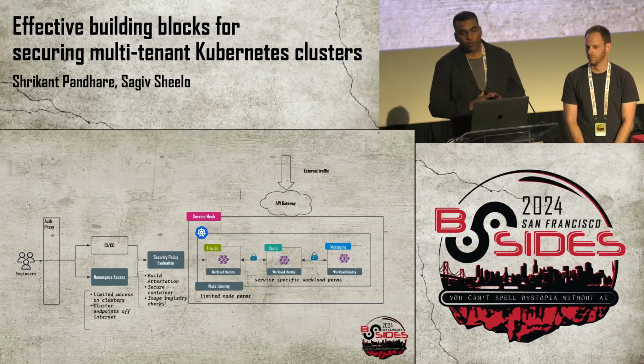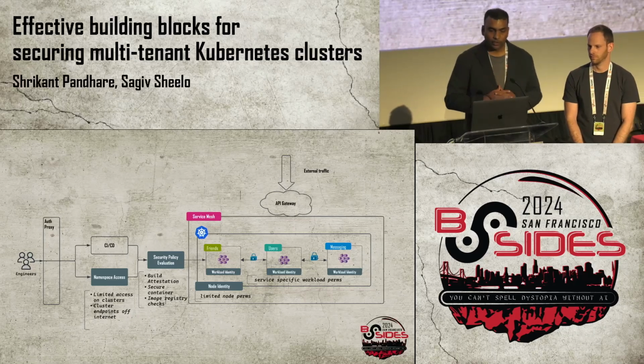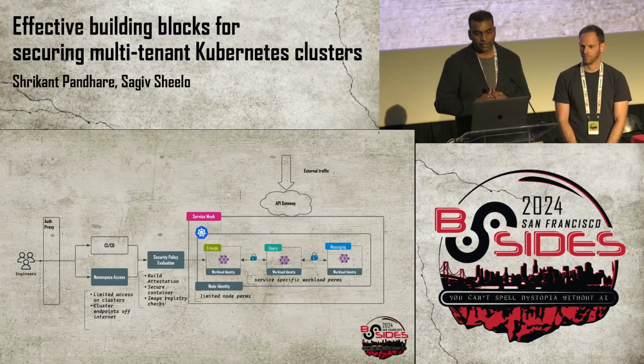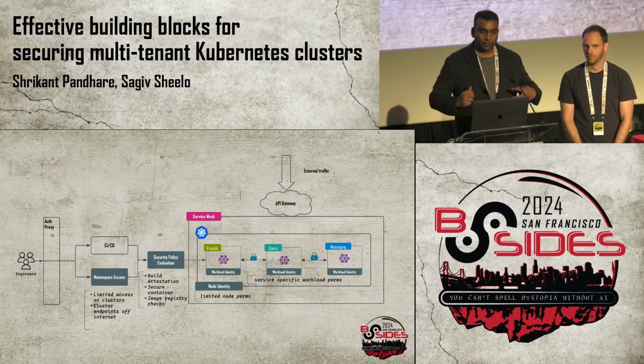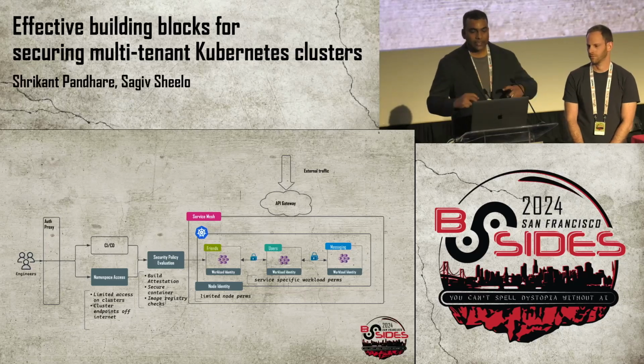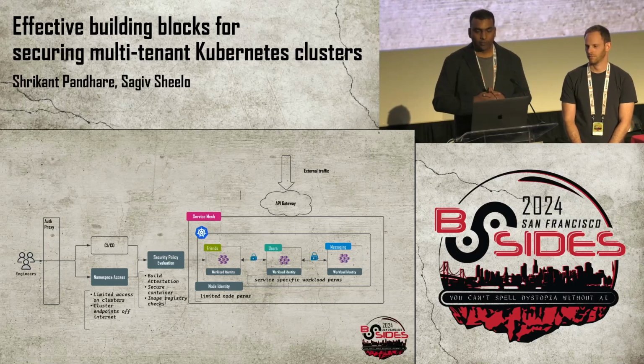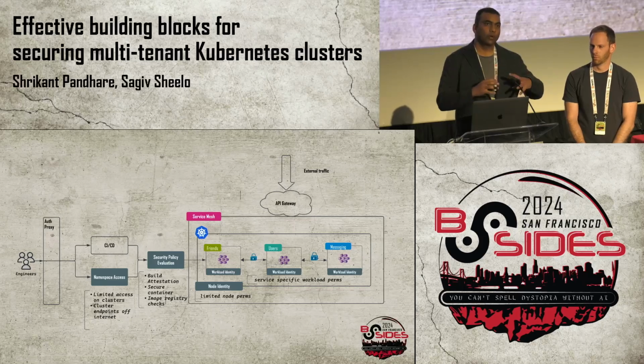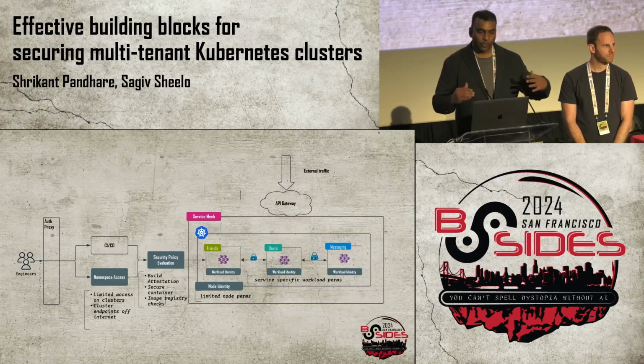Now, if you look into the production platform on the central right side, you will see there are several platform security controls here. Though the services are running in shared clusters, there is isolation. For example, each service runs with its own identity, and this is different from the node identity.